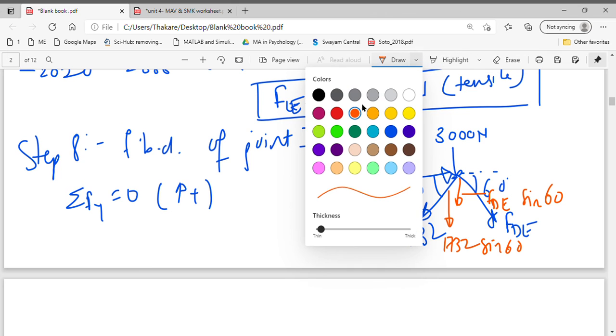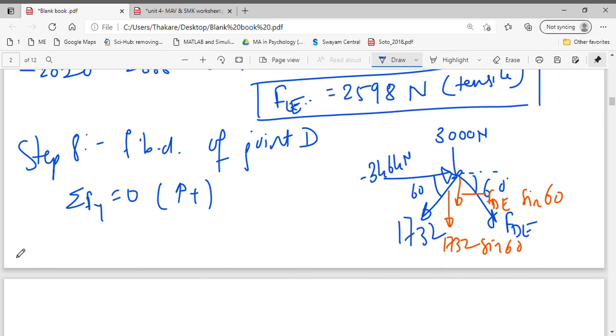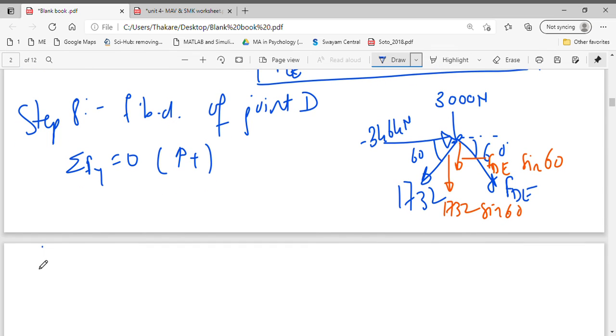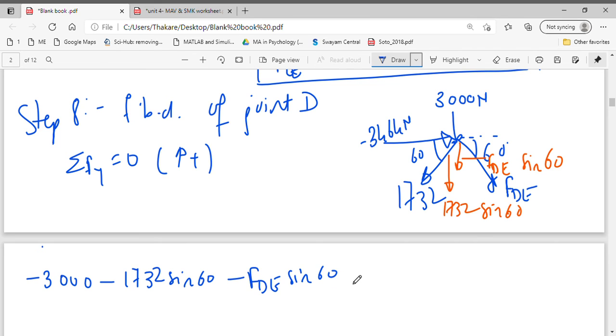So while taking summation of vertical forces, I will have 3000 newtons acting in downward direction, minus 3000 minus 1732 sine 60, and minus FDE sine 60 equals 0. This 3464 newton force is perfectly horizontal, so we are not considering that.